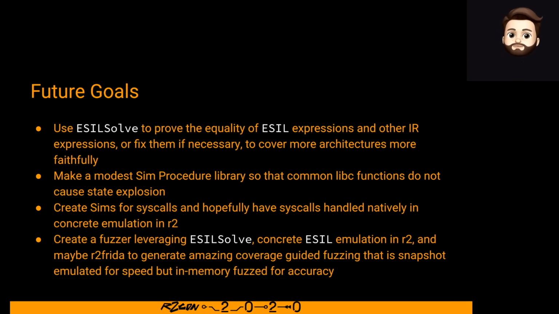We want to do the same thing with syscalls. And I want to eventually maybe create some sort of fuzzer that leverages ESILsolve and concrete ESIL emulation and maybe r2frida. I think that'd be really cool to generate really great coverage-guided fuzzing that uses symbolic execution to get the very difficult code paths, and also uses Frida for in-memory fuzzing, basically to verify that crashes are real.